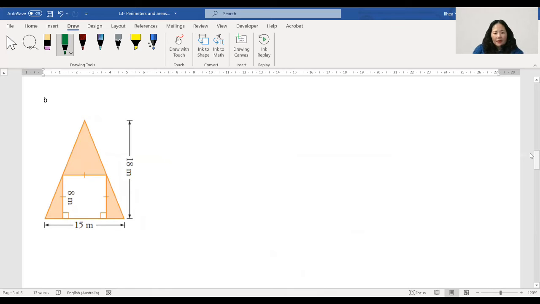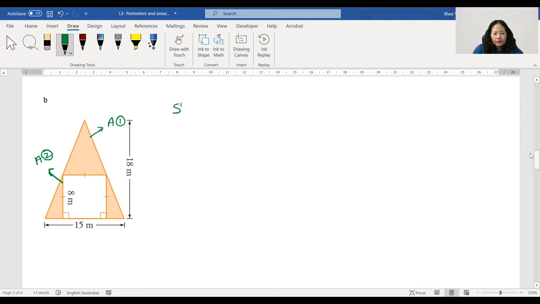Now what do we have here? Part B. We have 2 shapes here. One, I'm going to call the big shape, area 1. And the little shape that it's inside, I'm going to call area 2. Okay?